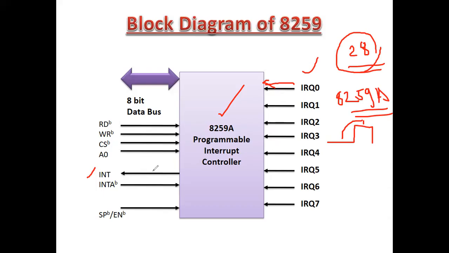Here you can see the direction of the arrow, pointing outward from the 8259 to the CPU. So this pin of the 8259A programmable interrupt controller is connected with the interrupt pin of the CPU or processor, any processor.